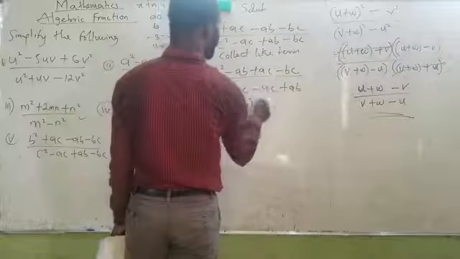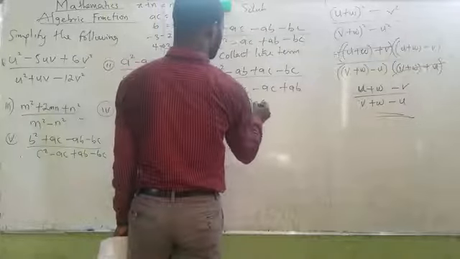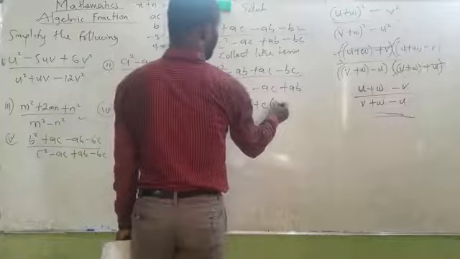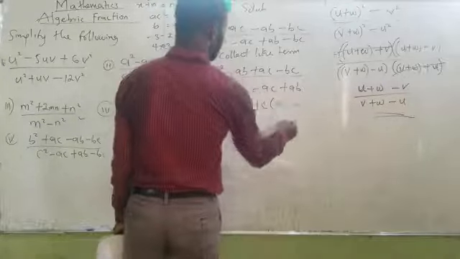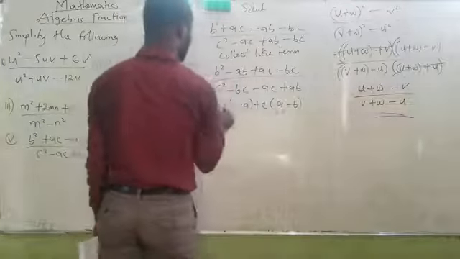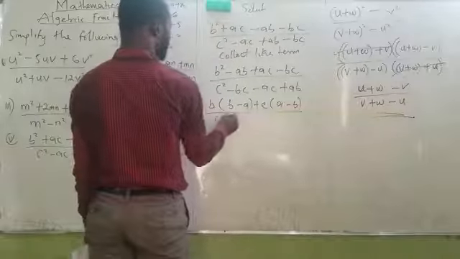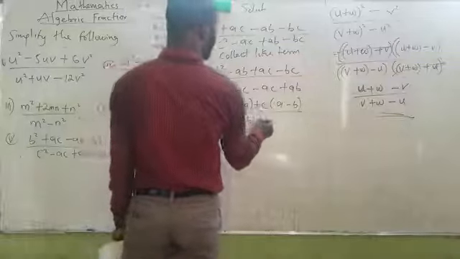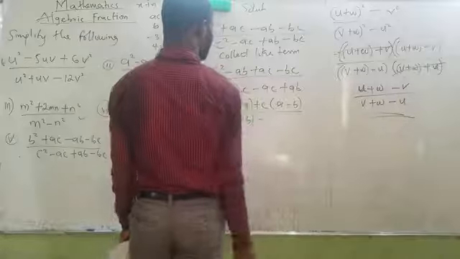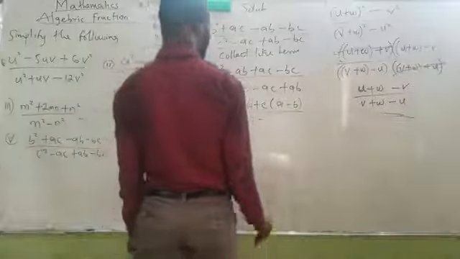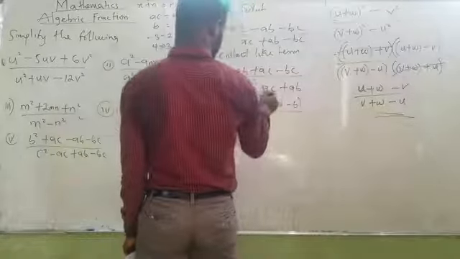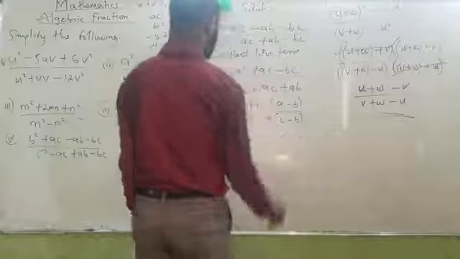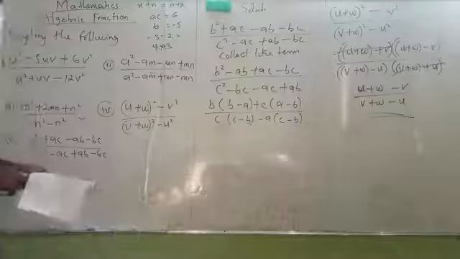Here, I'll be having c, which is plus bracket of a minus b, divided by c bracket of c minus b, and I'll be having, if I should have here, minus a bracket of c minus b.